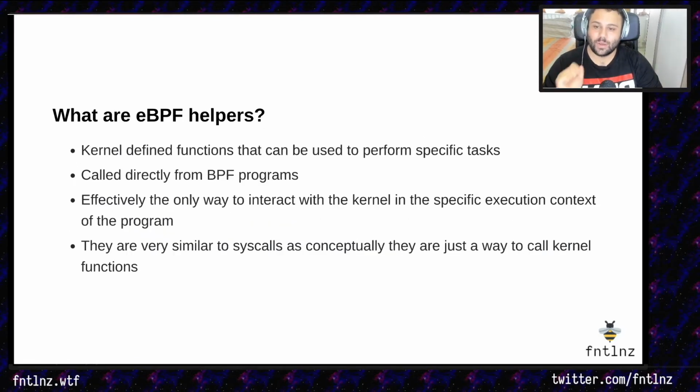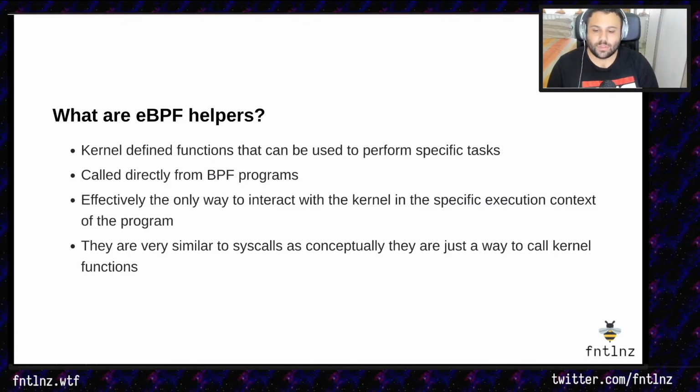First of all, what are the BPF helpers? Those are kernel-defined functions that can be used to perform specific tasks, right? Accessing data from a map or getting the current process PID, writing to a map, closing a file descriptor, these kinds of things. And they are called directly from BPF programs. They are effectively the only way to interact with the current specific execution context of the program.